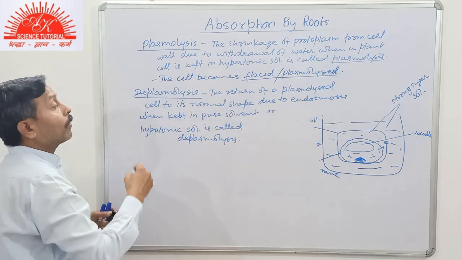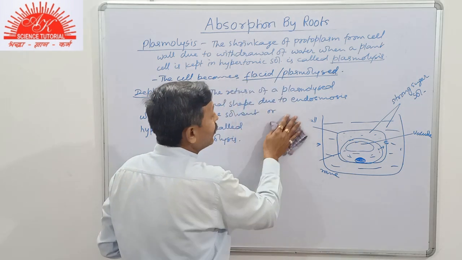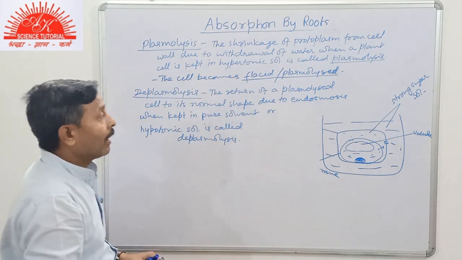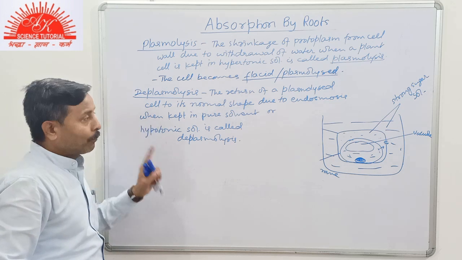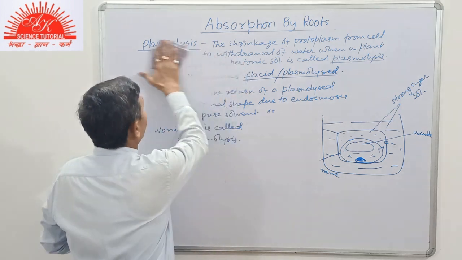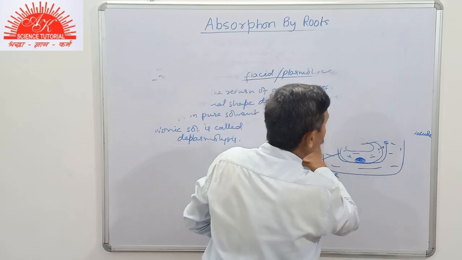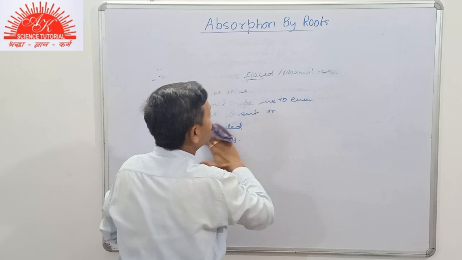So this type of question is asked frequently, that is to redraw the shape of the cell and about the plasmolysis. We will study the different conditions or different applications of turgidity, plasmolysis and so on.